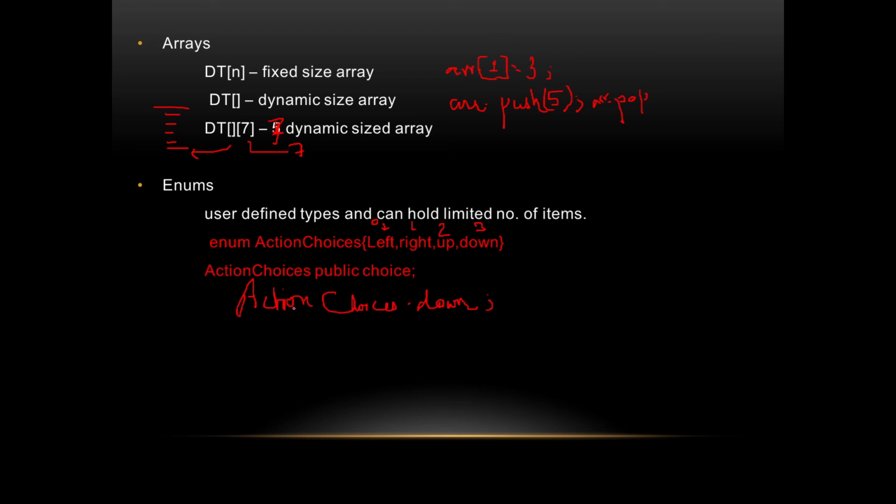This will give out the value of this, and you can actually initialize it in the choice variable. So choice equal to action choices down. I've covered all this in the lab, so it is easy for you now.